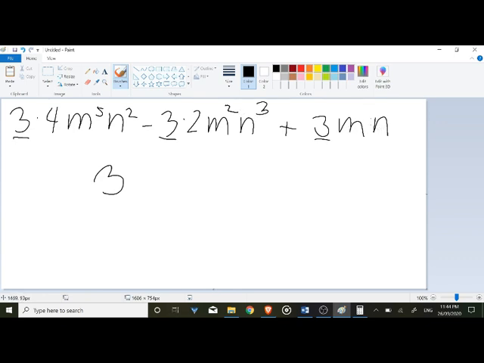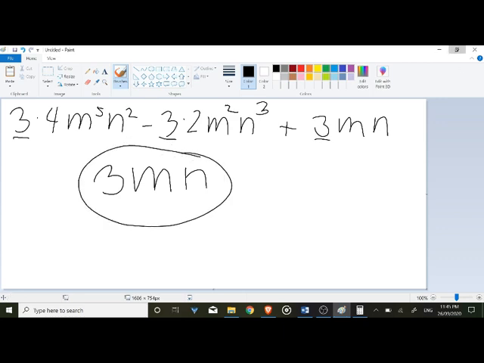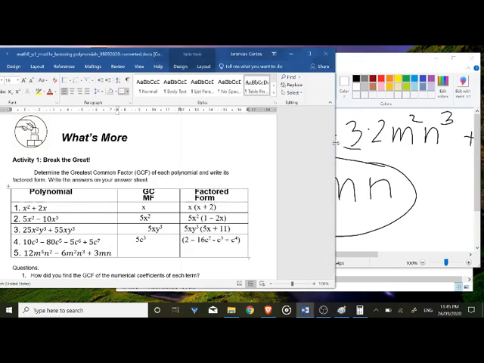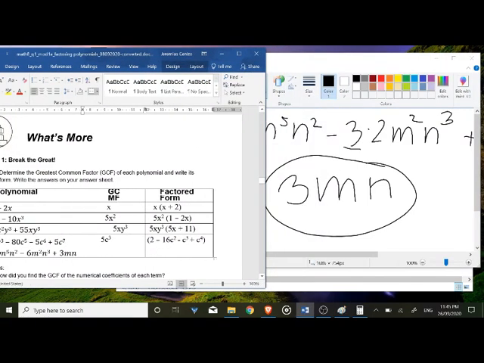So, automatic, ito na yung greatest common factor, no? Si m tsaka si n. Kasi bawat term may tig-iisang m tsaka n. So, this is now our GCF. That's 3mn. So, factored form.